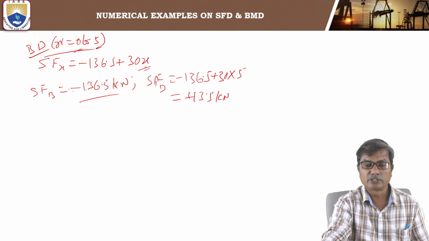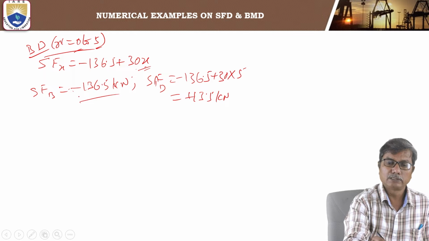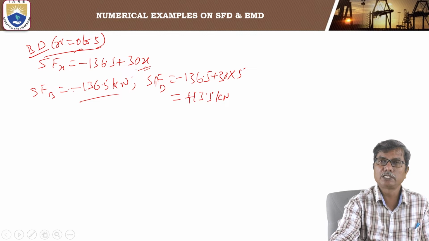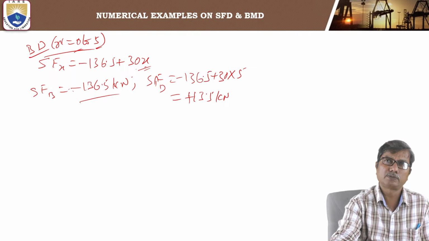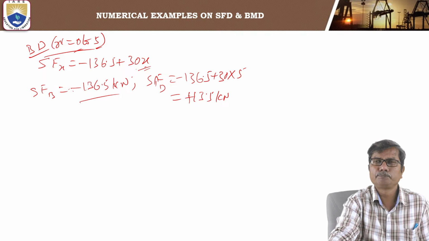So the shear force is varying from B to D. At B it is minus 136.5, at D it is plus 13.5. So it is varying linearly from minus 136.5 at B to plus 13.5 kilonewtons at D.